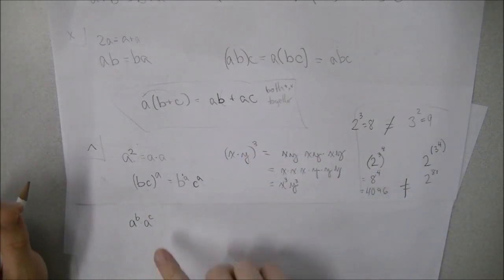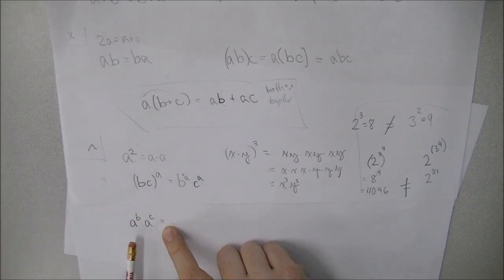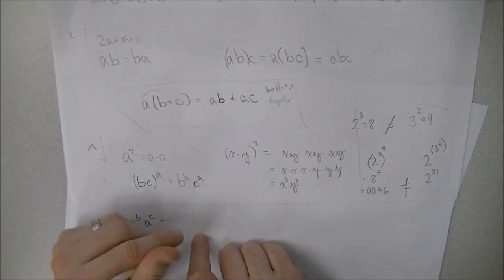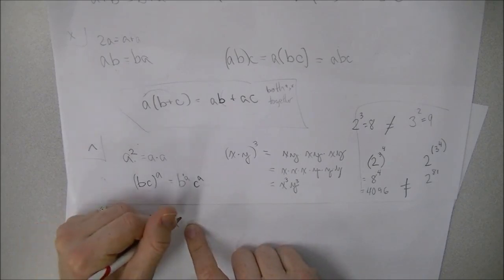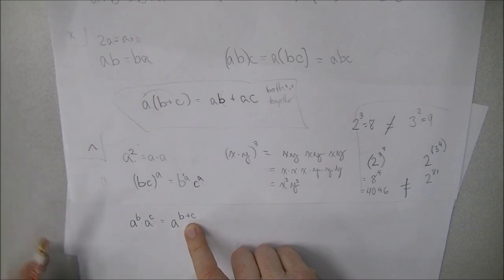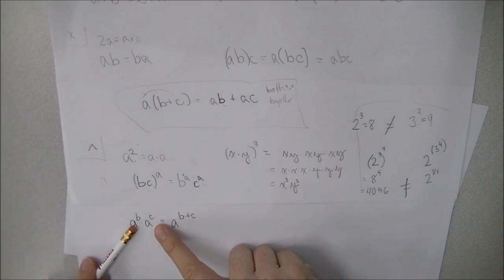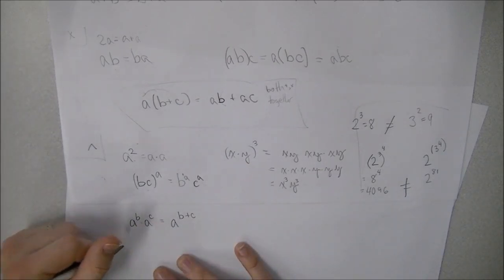Okay, so what would this end up being? All right, this ends up being a to the power of b plus c. Okay, so what happens here, right? Well, let's try to demonstrate this using some numbers, shall we?